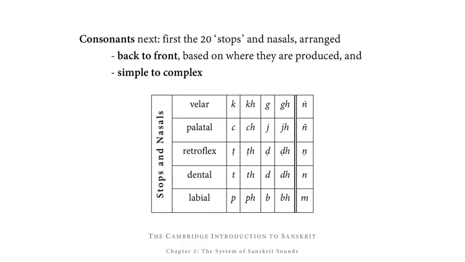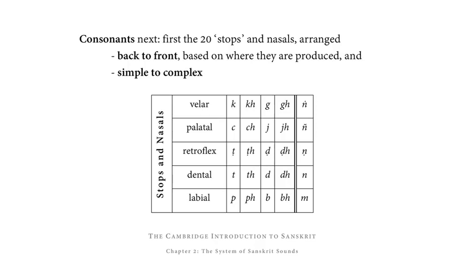So vibration of your vocal cords is also called voice. We have, first of all, unvoiced, unaspirated. Then we have kh, which is unvoiced but aspirated. Aspiration means that you add a puff of air, to create the contrast between k and kh. Then next we have voiced unaspirated and voiced aspirated, so g and gh. And then finally we have the nasal, ng.